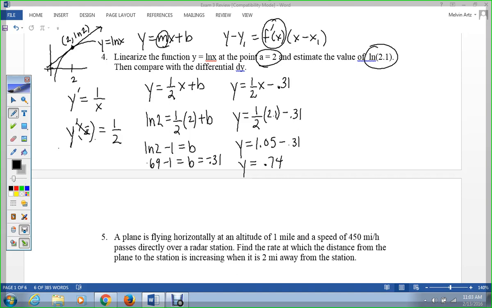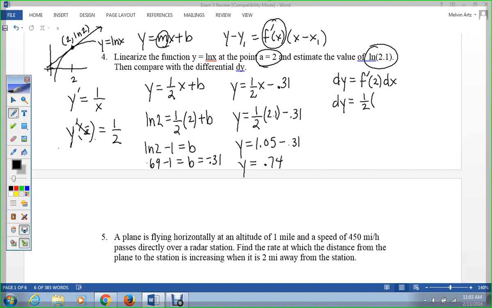Now it says then compare with the differential dy. Well, dy equals f prime of 2 times our delta x. So dy, now the derivative evaluated at 2, the derivative is 1 over x, so we'd have 1/2. And then the change in x.